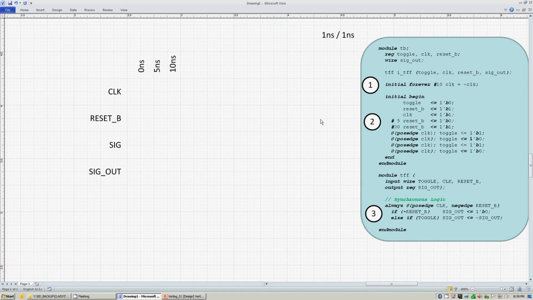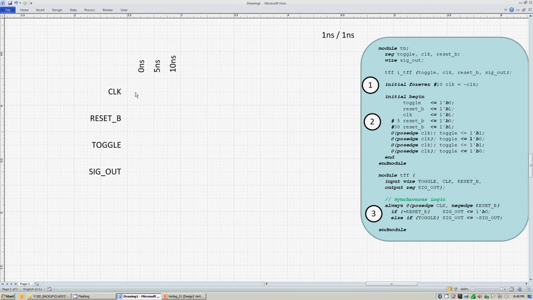So let's go to our next initial block, which also starts at time 0. Here we see that toggle goes to 0. Toggle will be the first signal, but it doesn't go to 0 right away. What happens is our simulator says capture the right hand side of this.